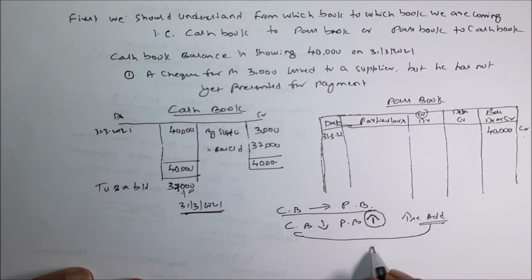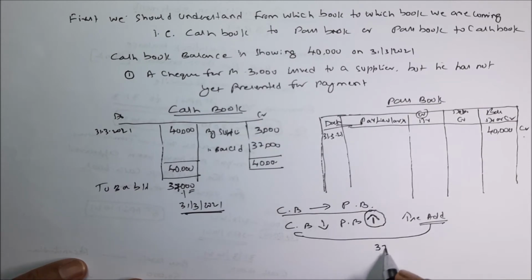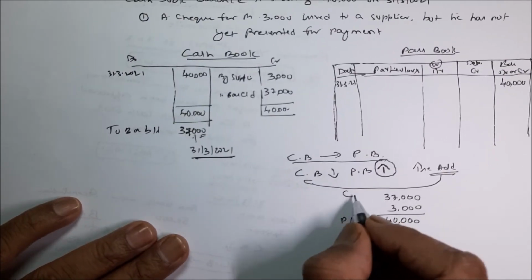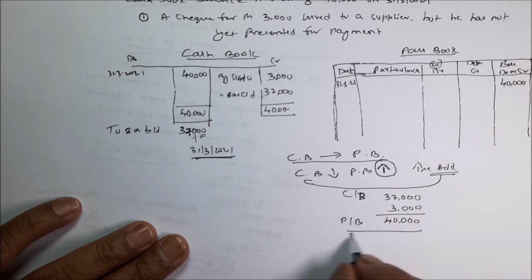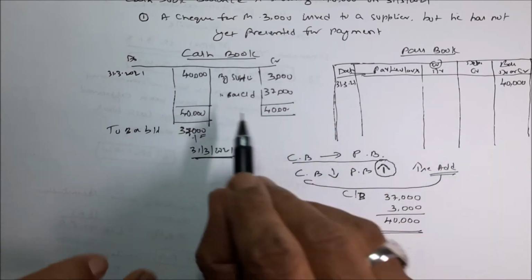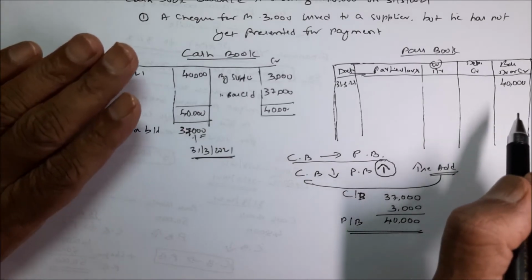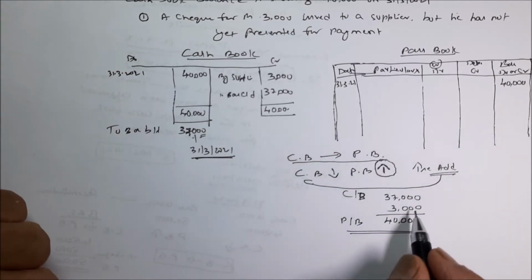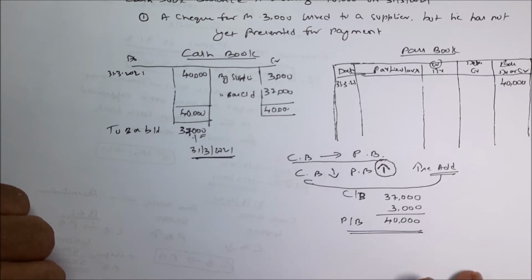So the cash book balance earlier is 37,000, plus check issued but not presented 3,000, then it becomes 40,000. It is the balance as per passbook. This is the balance as per cash book. So this type of transaction you have to assume here itself. This is what we mean by a bank reconciliation statement.